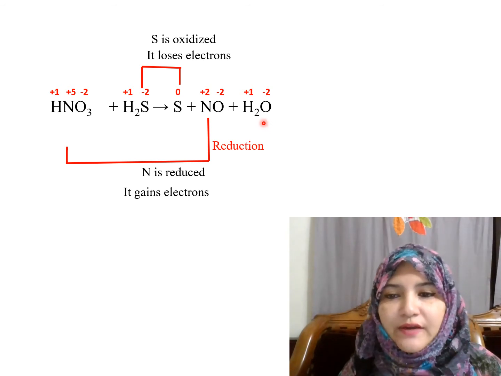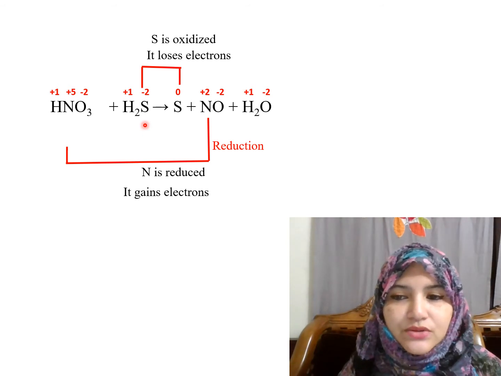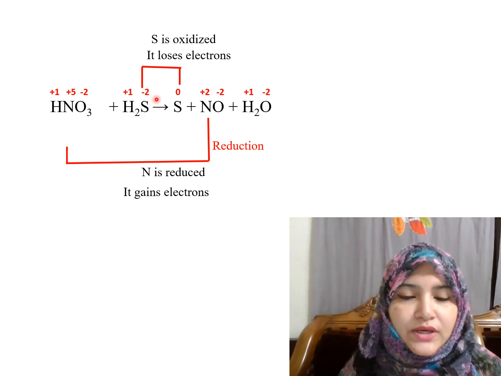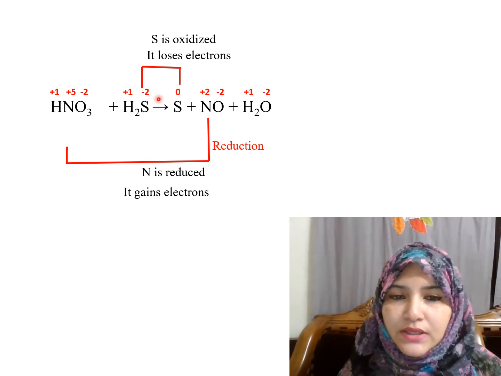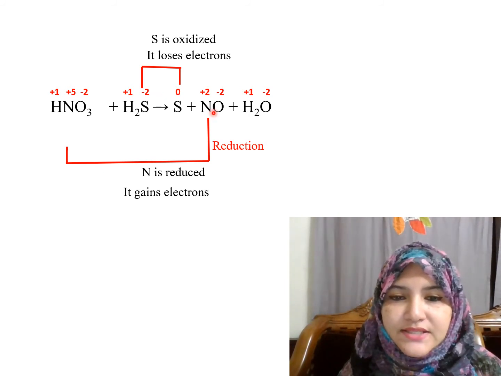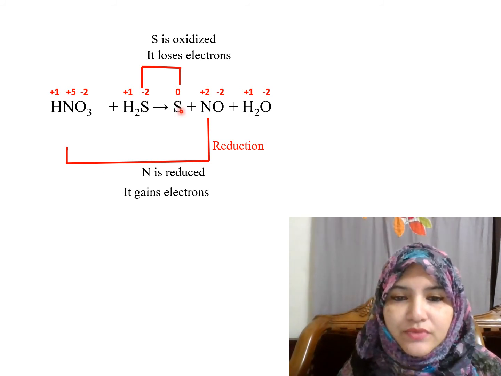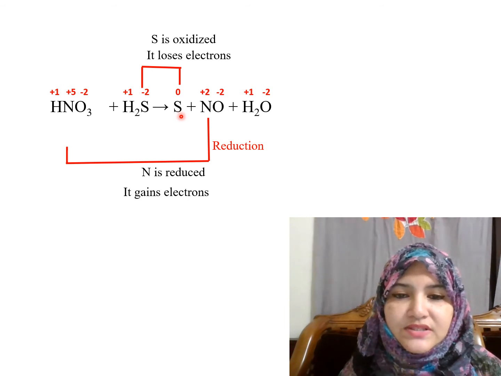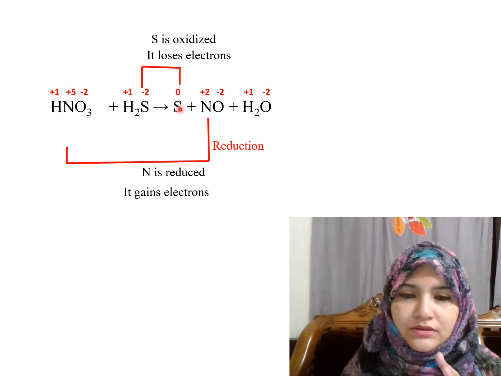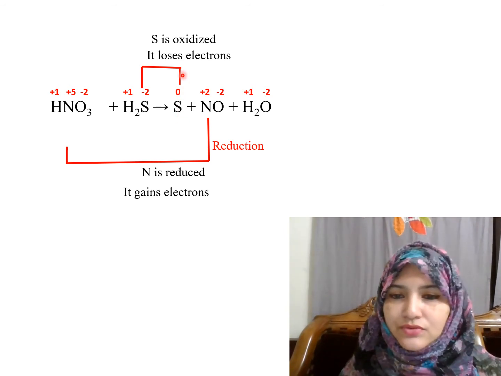And then we have sulfur in our other reactant, hydrogen sulfide. Sulfur is -2 in this reactant, hydrogen sulfide, and on the right side we have sulfur which is 0. This is elemental sulfur, and we know pure elements have 0 oxidation state.